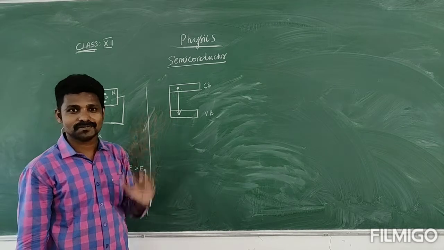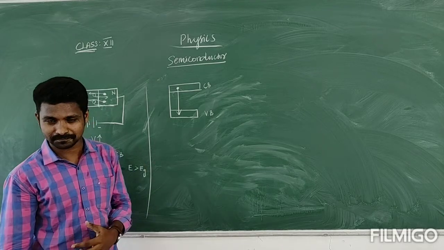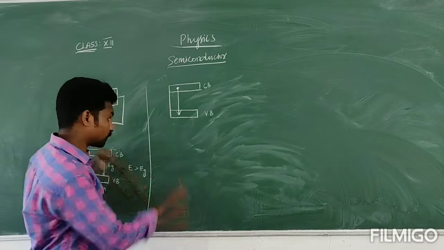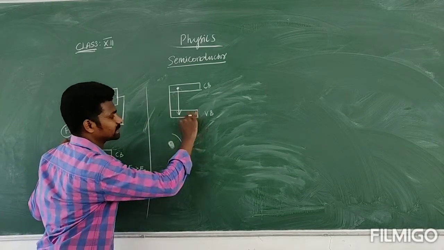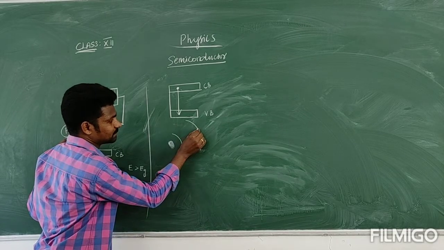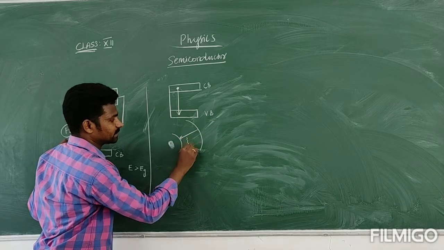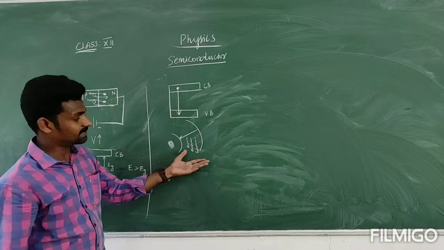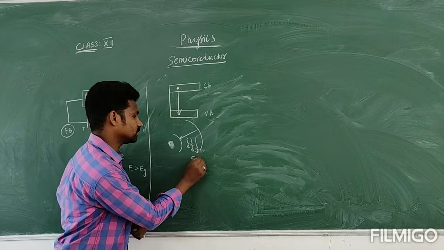In that situation, what happens? Just remember Bohr's atom model. In Bohr's postulates, we know there is a lower level and a higher level. When the electron jumps from the higher level to the lower level, it will emit some energy in the form of radiation, that is E = hν.